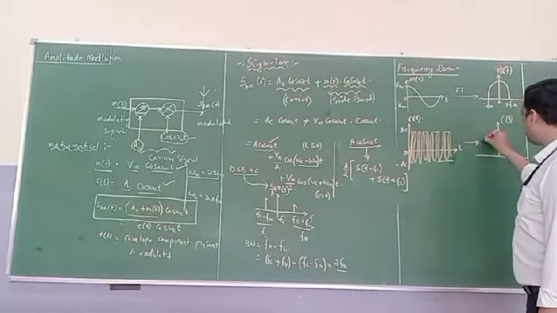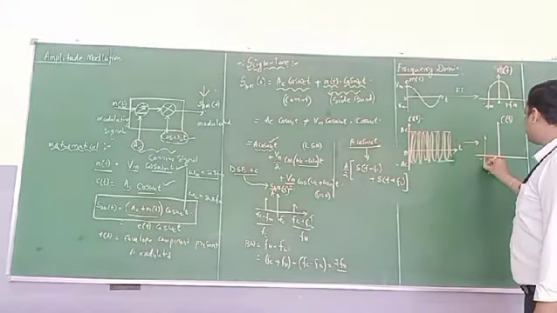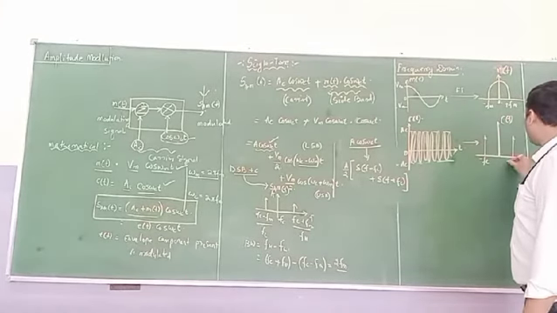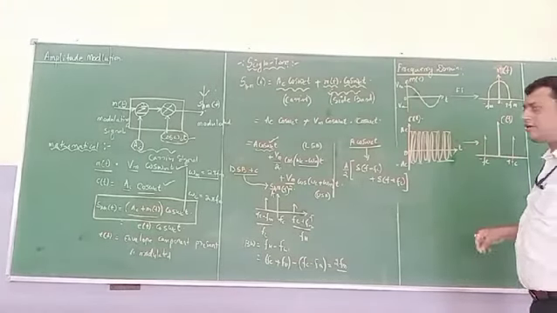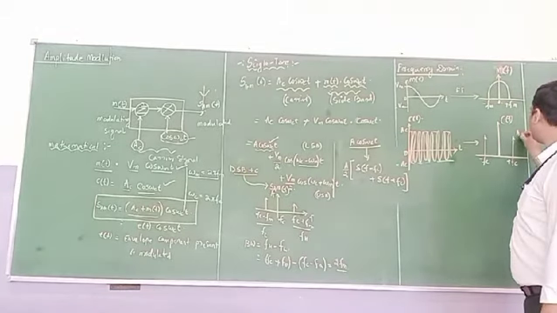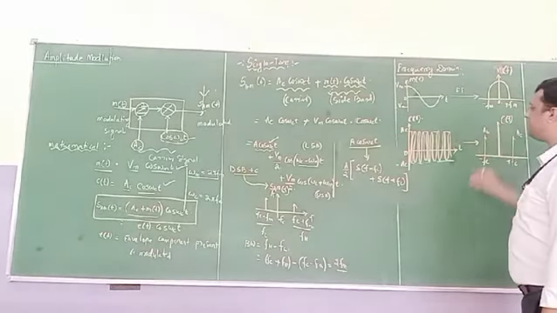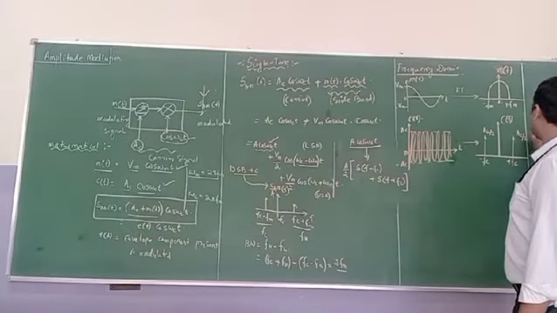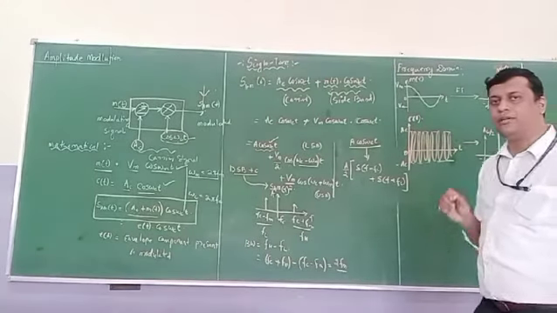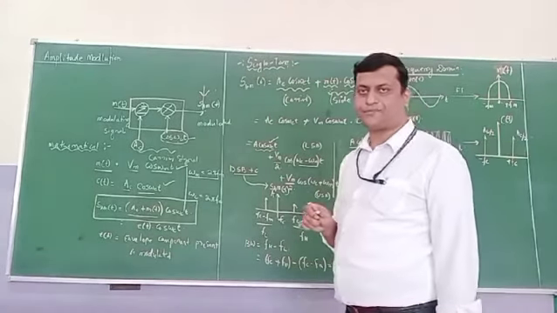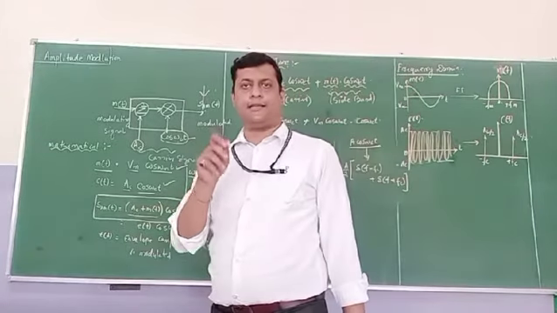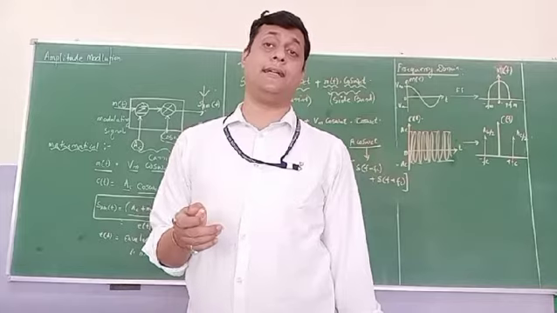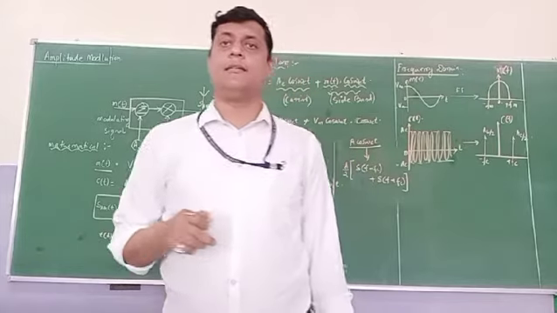Here I can represent minus fc and here I can represent plus fc, with an amplitude of Ac by 2. This is the amplitude of the frequency component present in the carrier, represented in the frequency spectrum.